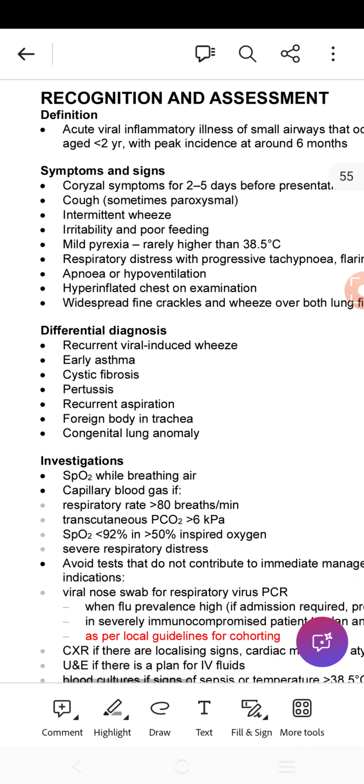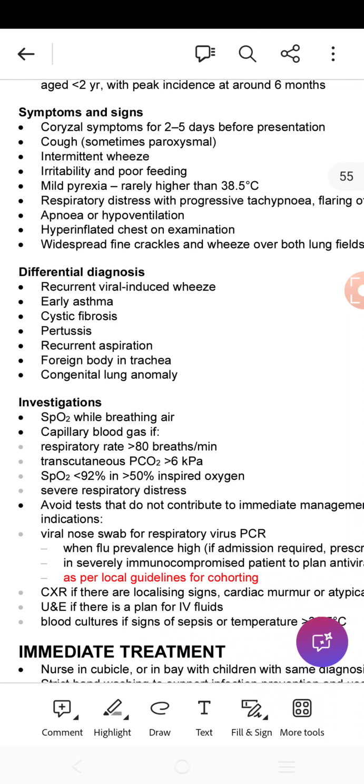You will do a chest X-ray when you find any local signs, any signs of consolidation or fever, any signs that this patient may have emphysema or pneumothorax, or when you find any cardiac murmur. Otherwise, in routine, there is no need for investigations, because the diagnosis is totally clinical.